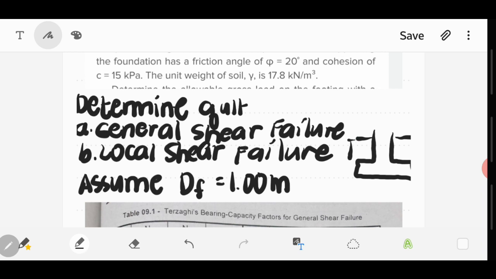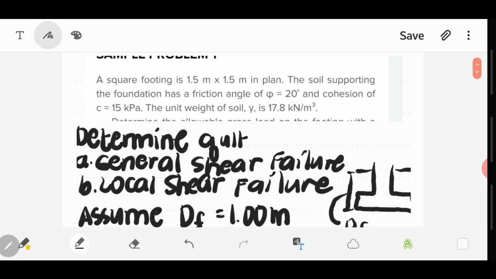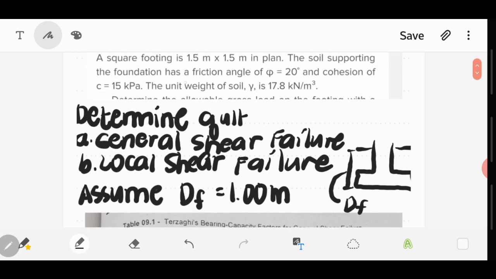This is your natural grade line up to the bottom of your footing. This is your Df. So you have your c, you have your q, you can solve for q, and then you have your gamma, you have your B.